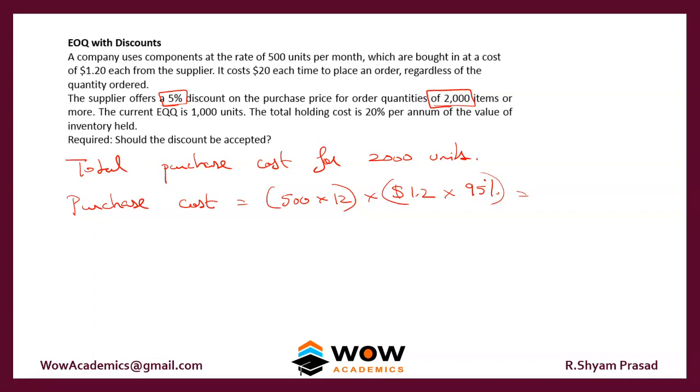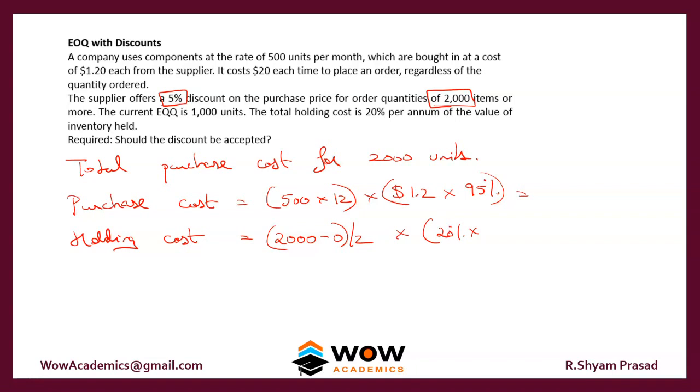Then we have the holding cost. The holding cost works like this. We'll be purchasing 2000 units in every order. So we'll get 2000 units every time, minus 0, divided by 2 is the formula. Multiply this with the holding cost. The holding cost is 20% of the unit cost.